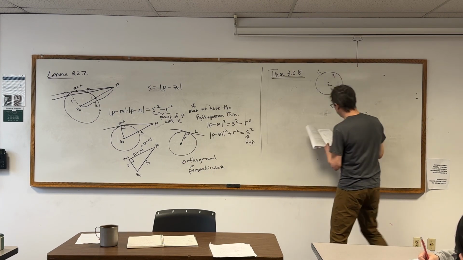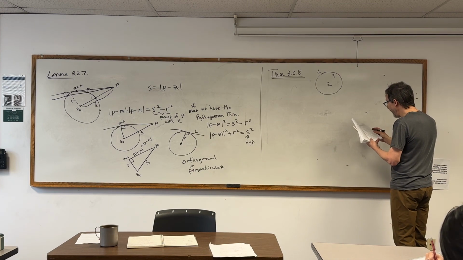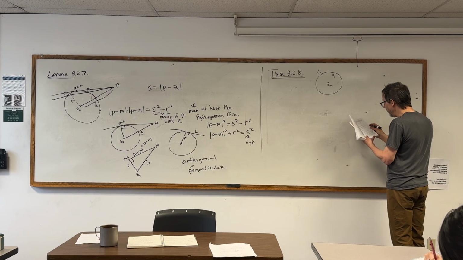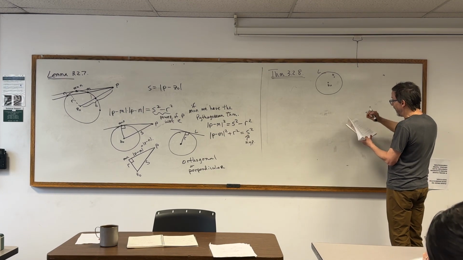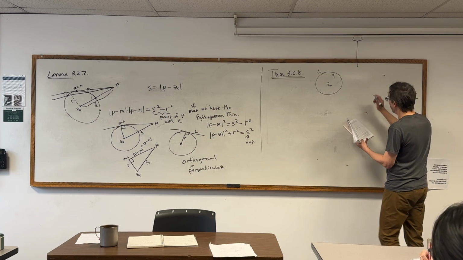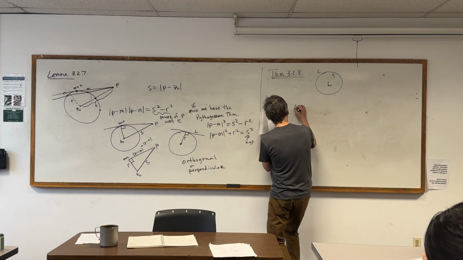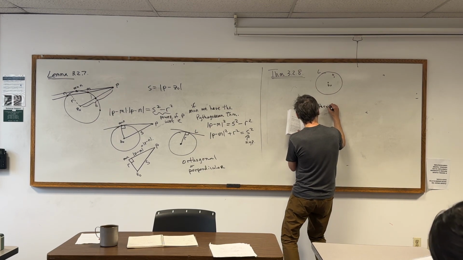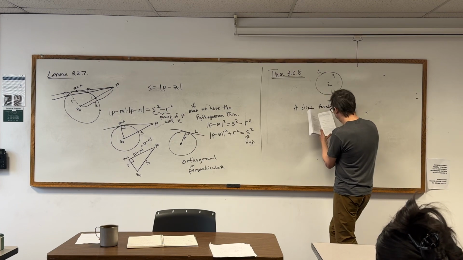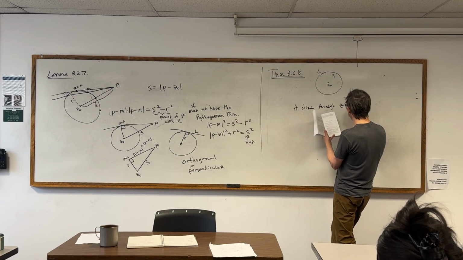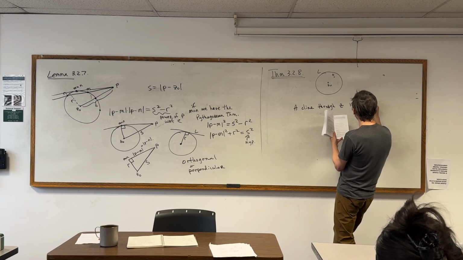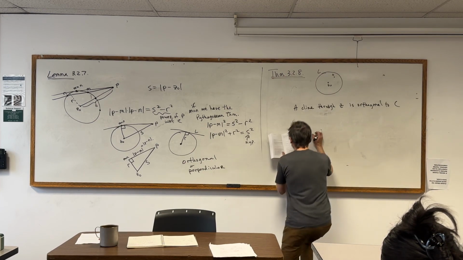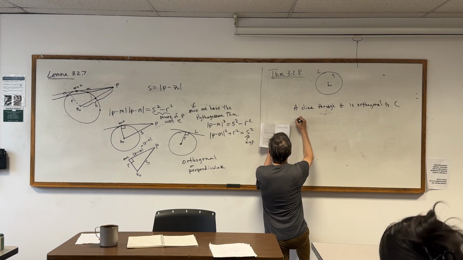Let's call that Z. A cline through Z is orthogonal to C if and only if it goes through its symmetric image, Z star. I'm going to write this up and then we're going to talk about it, because this is actually really important. A cline through Z is orthogonal, there's that beautiful word again, to C. We're going to talk about what that means, because you got to know what that means to get anything out of this.